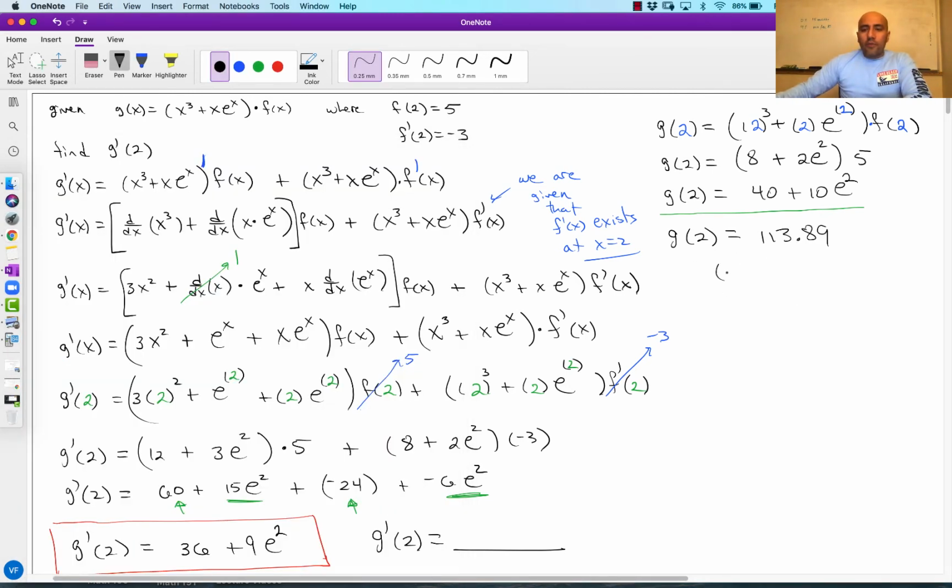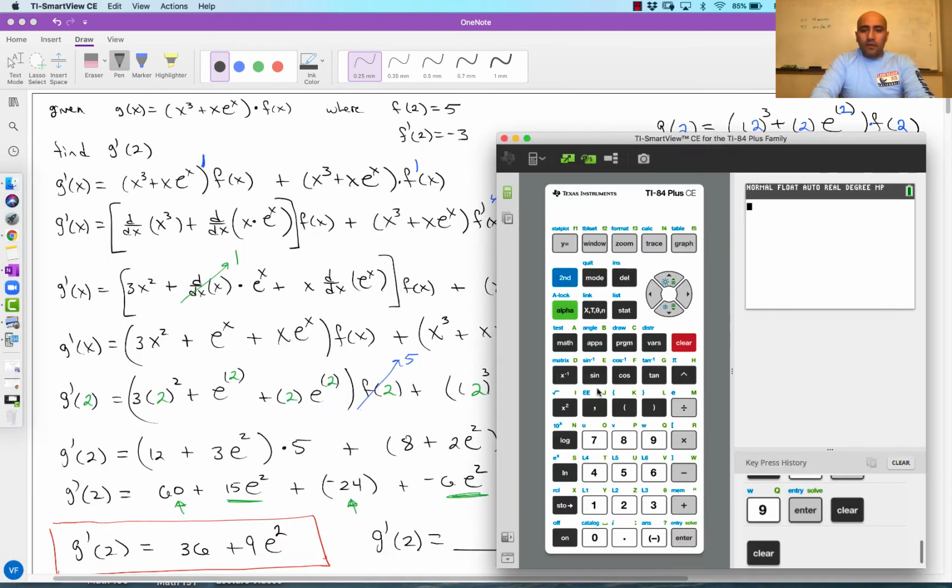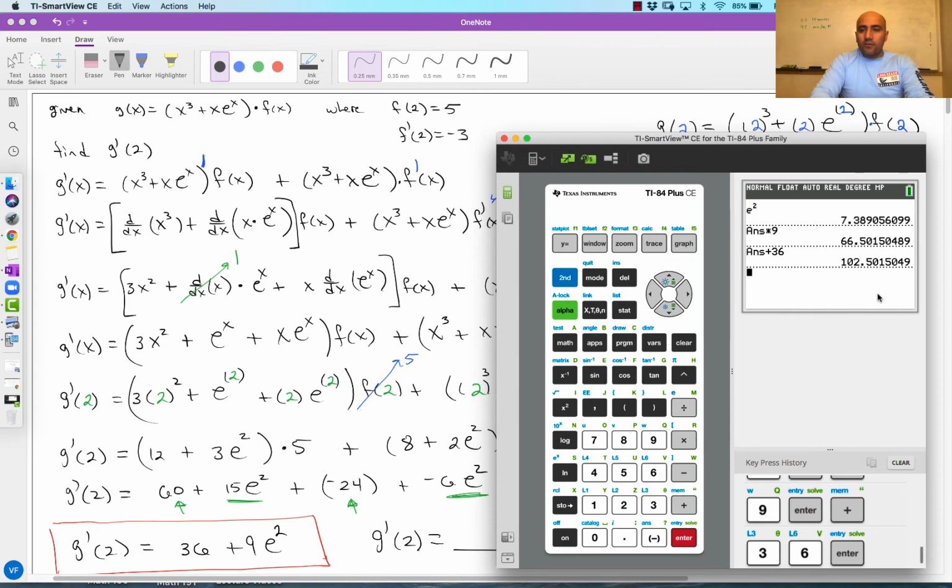So I have the ordered pair 2 comma 113.89. And now let's approximate the derivative at 2. It is e to the power of 2, enter, times 9, enter, plus 36. So it's 102.5, let's say.